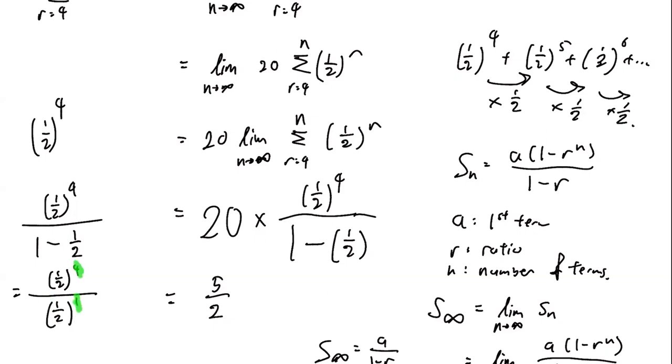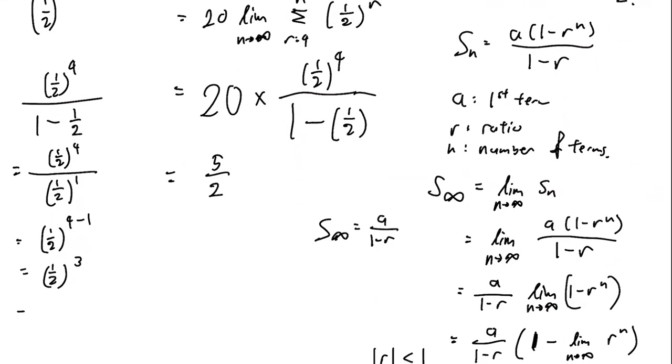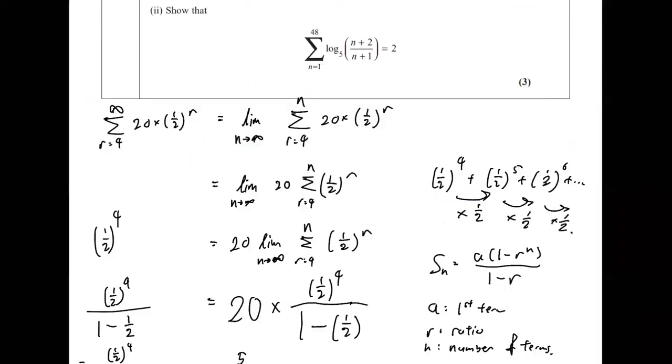Then power 4 over power 1, same base. What happens to your power? You subtract the power. So it becomes half to the power of 4 minus 1, which is half power bracket 3, which is actually 1 over 2, 1 cube over 2 cube, which is 1 over 8. Then 20, you multiply it by that 1 over 8, you just simplify to 5 over 2. Yeah, that's for part 1.